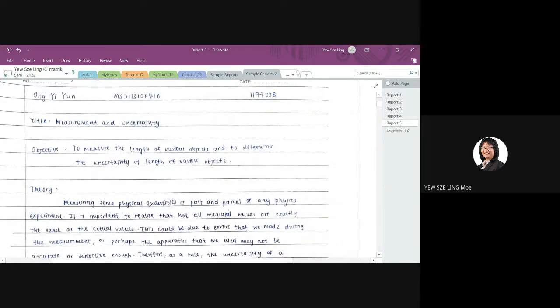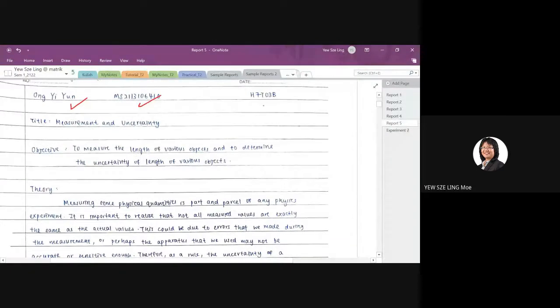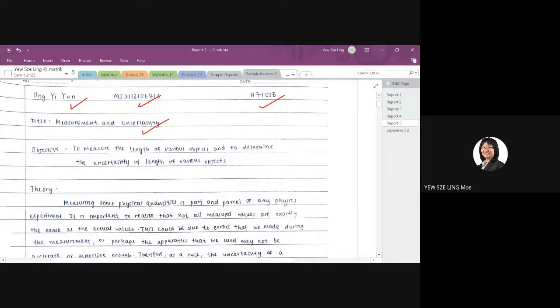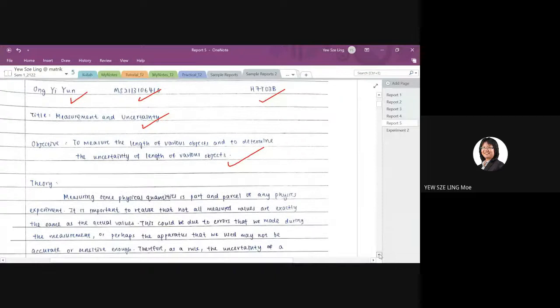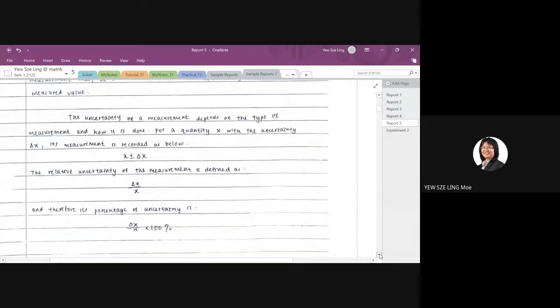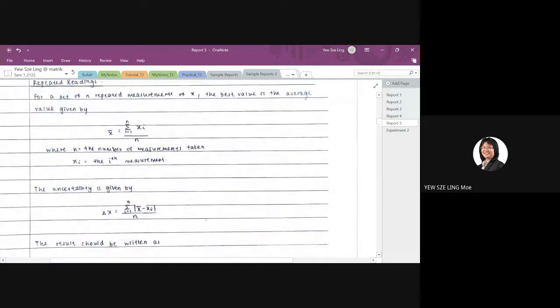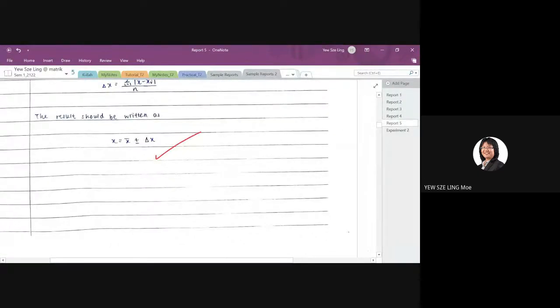Let us go through it together. The title is all right. There is the name, the matrix number, and the class. The title is correct. Objective: to measure the length of the various objects, and to determine the uncertainty. Good. Theory: as long as you write it down, then it's all right. You don't have to rephrase it, you can just rewrite it.